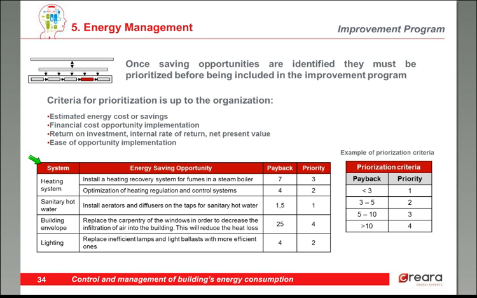For example, calculating the payback period of each saving measure is probably the most important metric. Over here, we show an example of the payback periods of different saving measures and a potential rule for ranking or for prioritization.